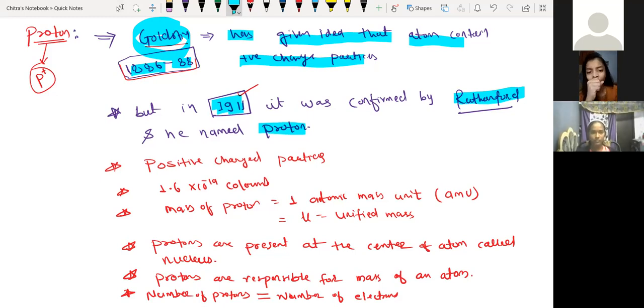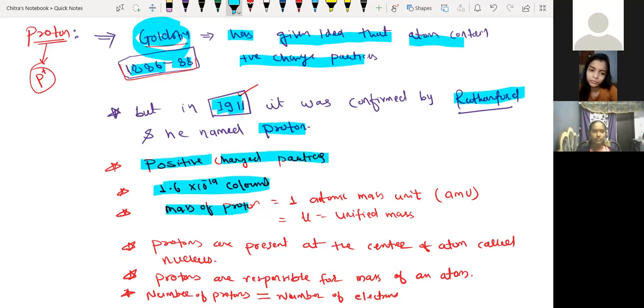First, protons are positively charged particles, having the same charge value as the electron but the opposite sign. If the electron has a negative charge, the proton has a positive 1.6 into 10 to the power minus 19 charge. It is just the opposite of the charge of one electron.